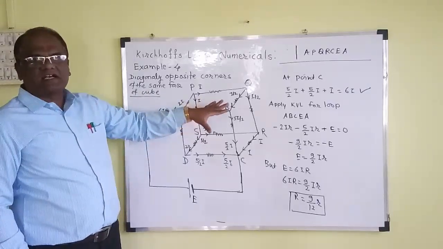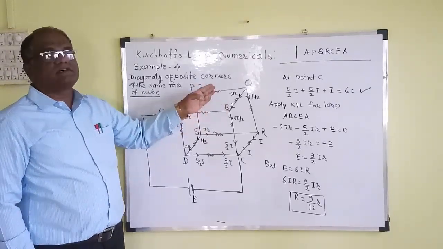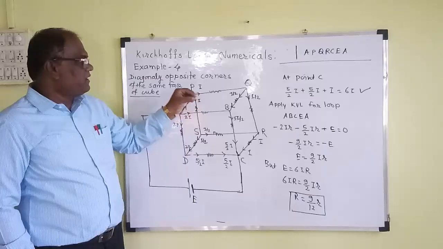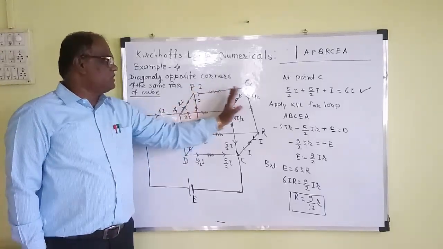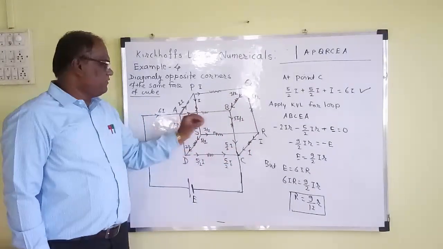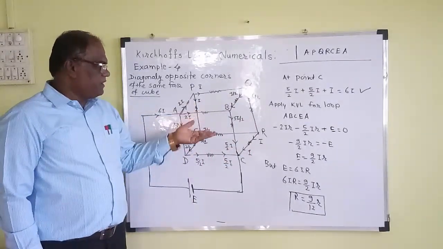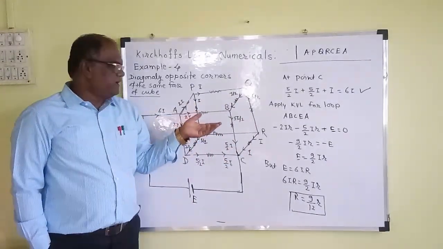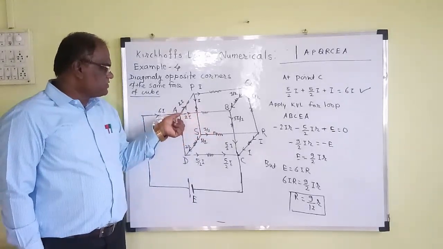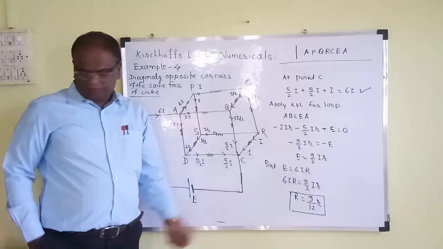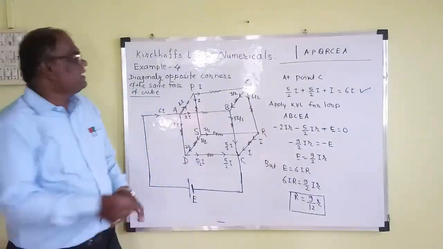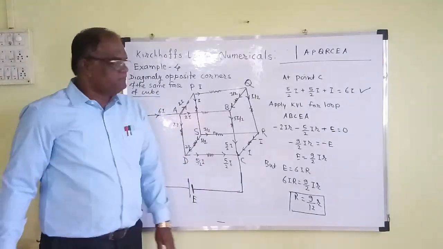A question is asked in such a way that 12 wires, each having resistance small r, are connected so as to form a cube, and find the effective resistance. In the last example, we determined the effective resistance between diagonally opposite corners of the cube, and the answer was 10 by 12.